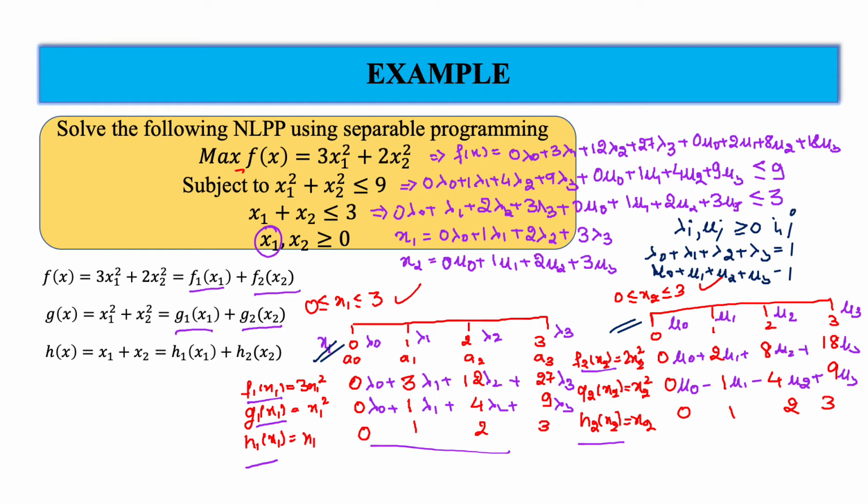The next condition is that at most 2 lambda i should be greater than 0 and they must be adjacent.